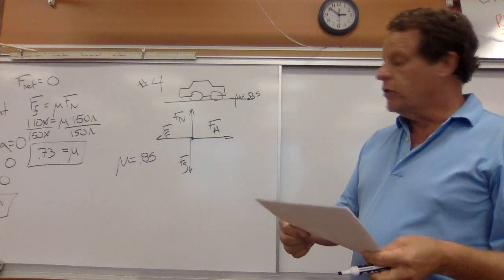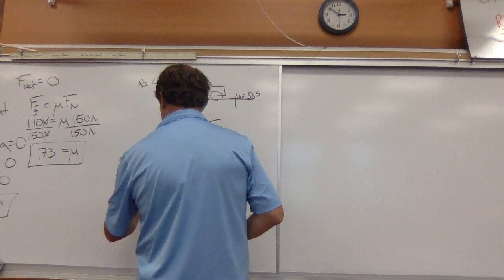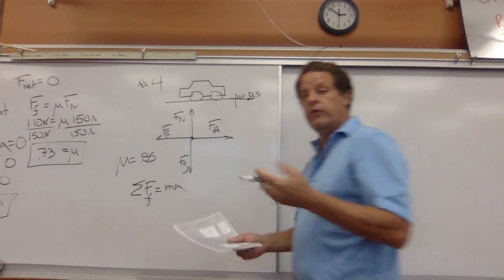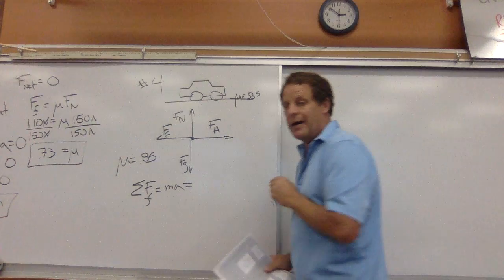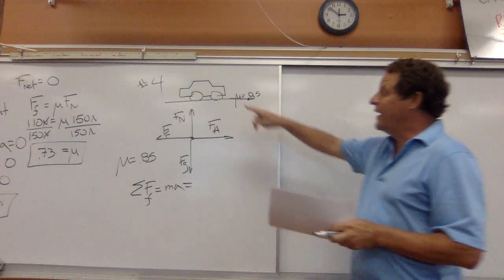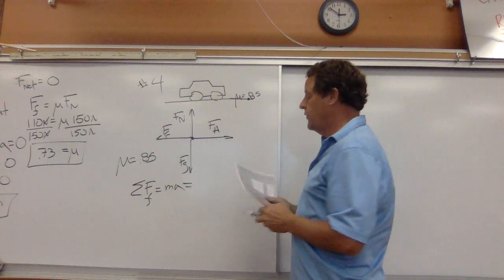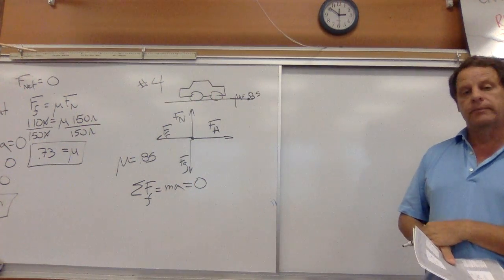So let's take a look at the sum of the forces in the y direction. Okay, now the sum of the forces is going to equal ma, but as we talked about in problem number 1, this truck is not going to sink into the ground or levitate. Therefore, the sum of the forces in the y is equal to 0.